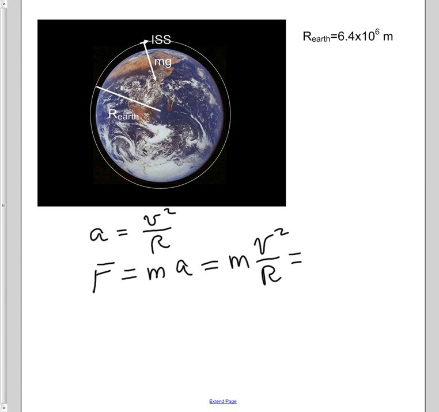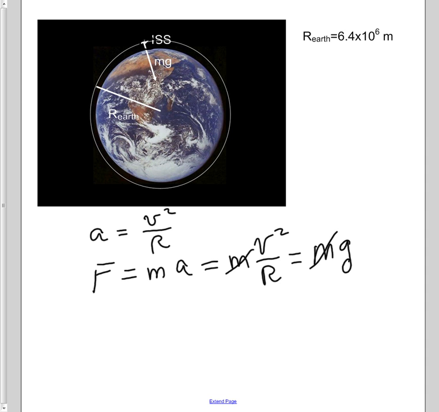But what is the force? Okay, so choose a body. I've already chosen a body. It's the International Space Station here. And I want to ask myself, what are all the forces on that body? Well, there's its own weight, mg, and there is, gulp, nothing else.